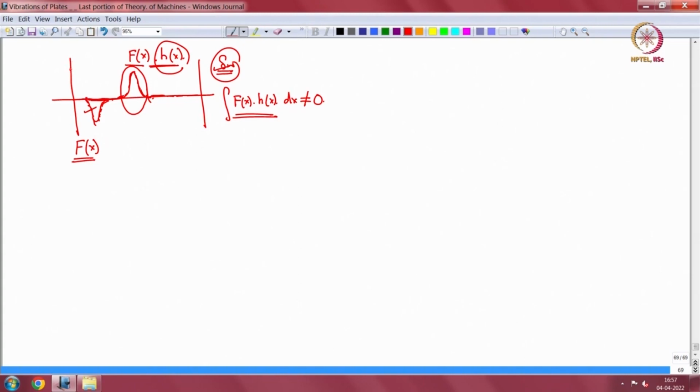So if it has a non-zero value at the border, it will have a non-zero value for a while, before turning sign. So again I can use the same argument, I will choose a delta W or h of x, because h of x is 0 at the border, such that it is of the same sign as my f of x. So that will result in a non-zero value of the integral.